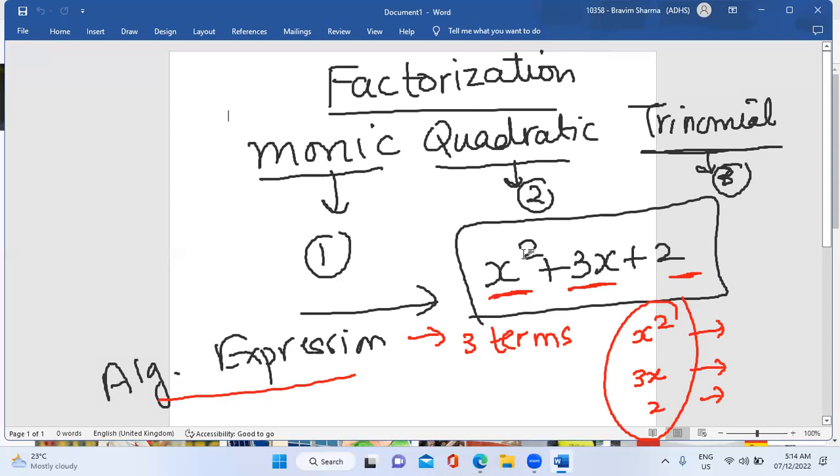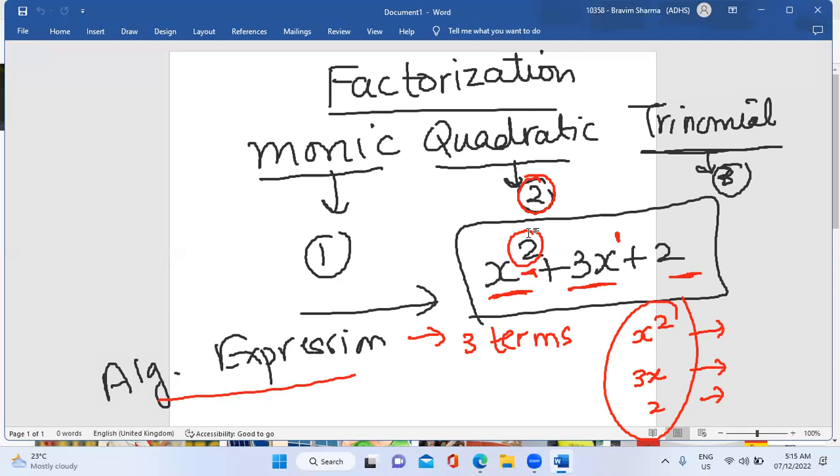The first term has an exponent value of 2. The second term has an exponent value of 1; if nothing is written, it is 1. And the last term does not have any x, so that is a constant term. The highest exponent value in this expression is 2, so that means it is quadratic. So we are just discussing the factorization of quadratic trinomials.